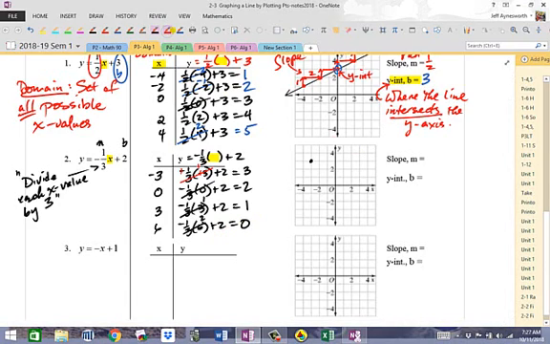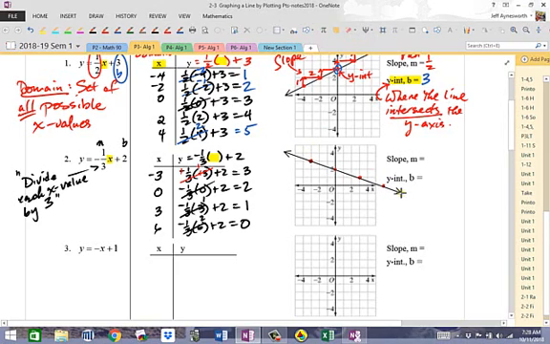Okay, these are points on the graph. So let's plot them. Okay, -3, 3 is right here. Left 3, up 3. 0, 2 is just simply up 2. 3, 1 is right 3, up 1. And then 6 comma 0 is, there's 5, and then there's 6. There's 6 comma 0. So take your straight edge out, and then connect the points. All right, and so you can see your slope.